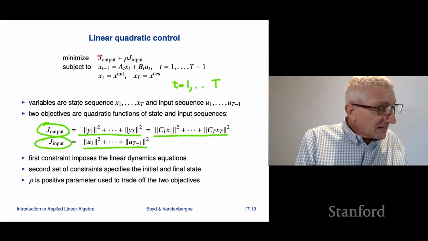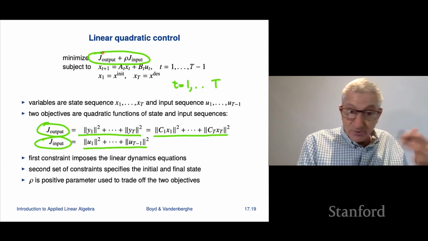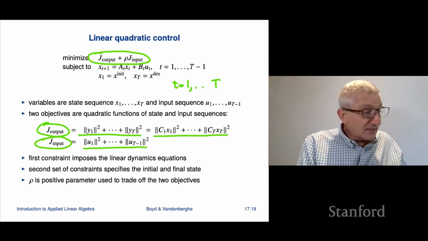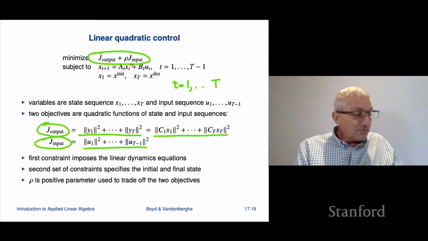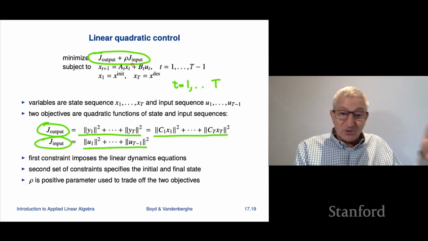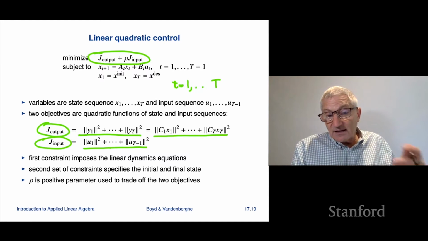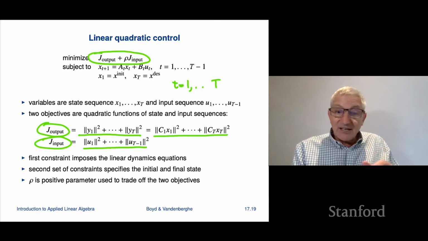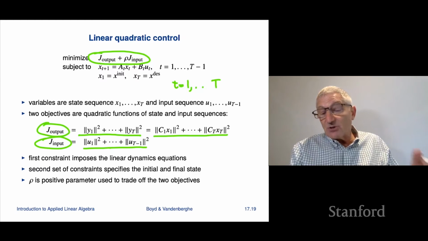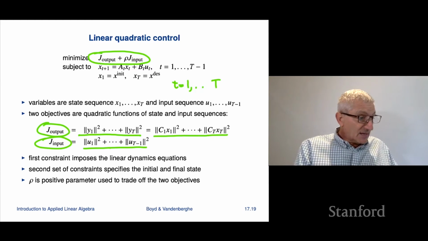We put that together in a bi-objective. We scalarize those two objectives and write it as J_output plus rho times J_input. Output means the output is small, and input means you're not using a big input to mess with this thing. Rho is a positive parameter that tells you how much input deviation irritates you compared to output deviation. That's all rho is.